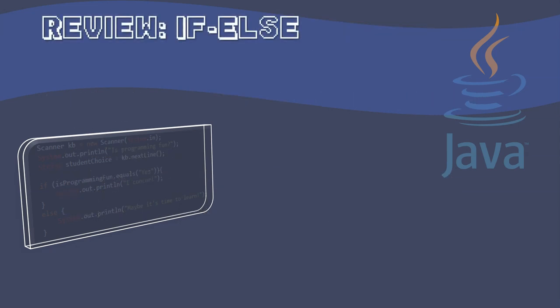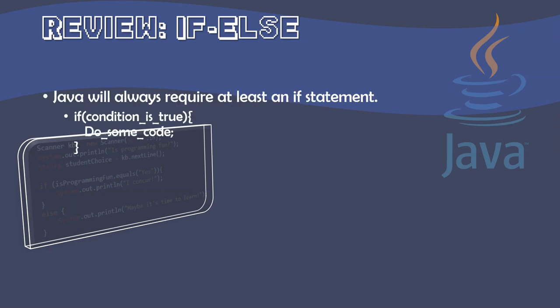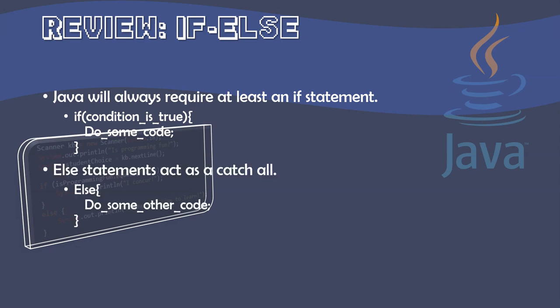So, in review, let's start first with just looking at a basic if-else test. Remember, Java is always going to require us to have at least an if statement. You don't necessarily need that else, but you do need an if. You're going to have, hey, if some condition is true, then do some code. The else statement, on the other hand, will act as kind of a catch-all.